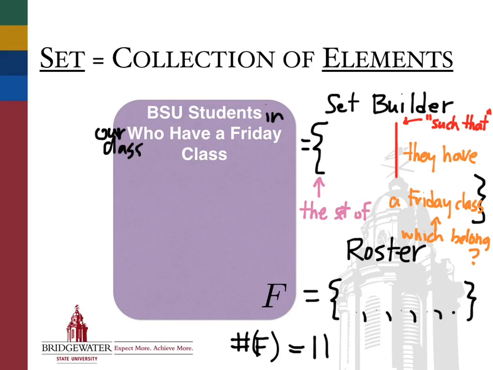There are a lot of people in the world that have a Friday class. Who are the people that we care about for this set F? BSU students. And if we qualify that even further, as I wrote up here, BSU students in this class, right, who have a Friday class. And so that universe statement goes at the beginning of set builder notation.